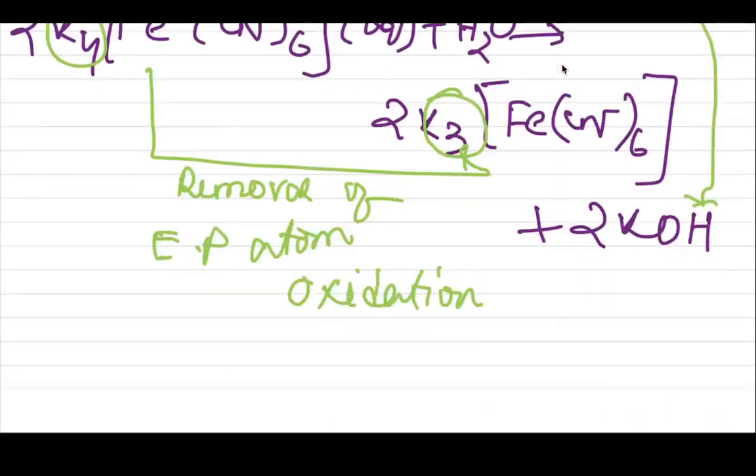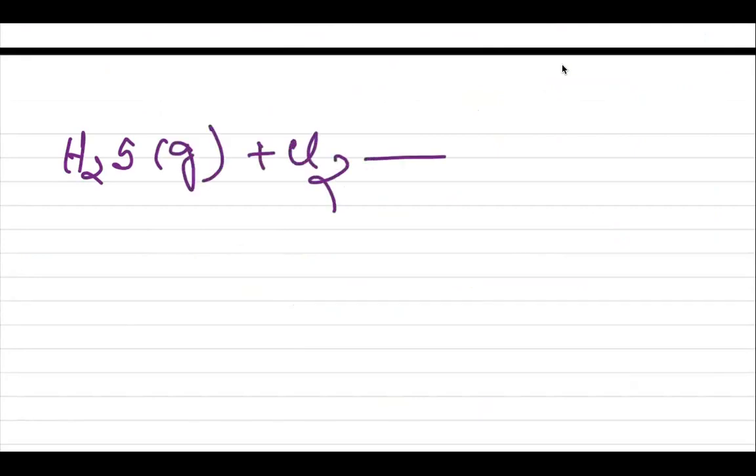Now, I'm just writing the reaction. You have to tell me the oxidation and reduction process. Suppose H2S reacts with chlorine. It forms 2HCl plus sulfur. Tell me the reduction and oxidation process.